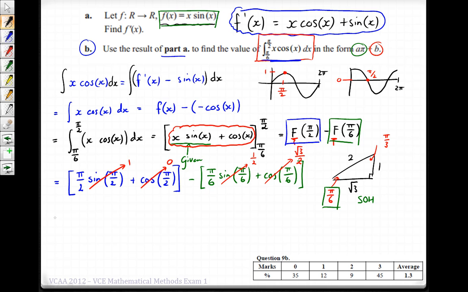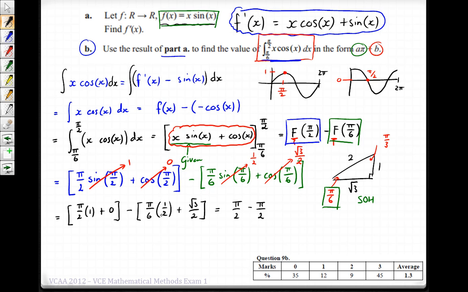So clean this up, and we should get that this is equal to pi on 2 times 1 plus 0, minus pi on 6 times 1/2 plus root 3 on 2. Again, we can clean this up just a little bit more, so we can make that equal to pi on 2 minus pi on 12.